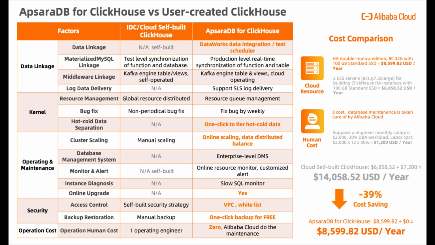So let's compare the total cost. In total, self-built ClickHouse on the cloud is going to cost you about $14,000 per year. However, ApsaraDB for ClickHouse only costs you $8,600 per year. We could see a 39% cost saving.